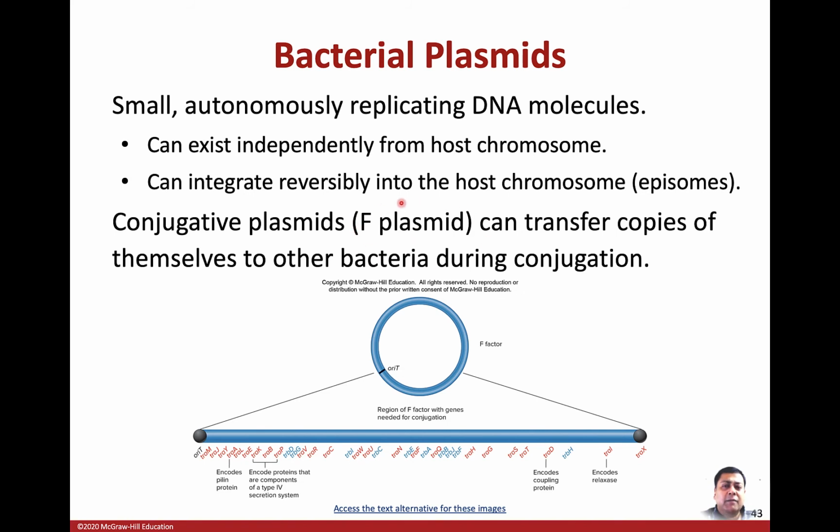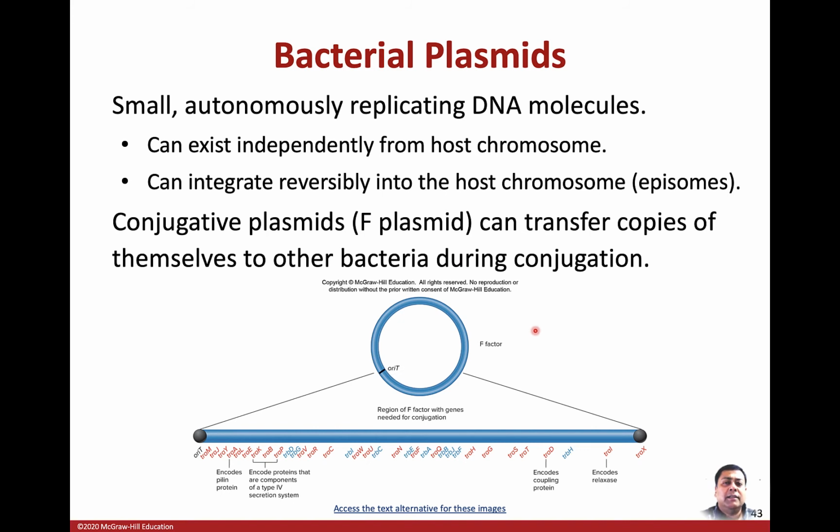Bacteria which have the F plasmid are also known as bacteria having a fertility factor, and we denote them as F+. So an F+ bacterium is a bacterium with a fertility factor, or the F plasmid, and it can transfer copies of itself to other bacteria during conjugation. This is a property of it.